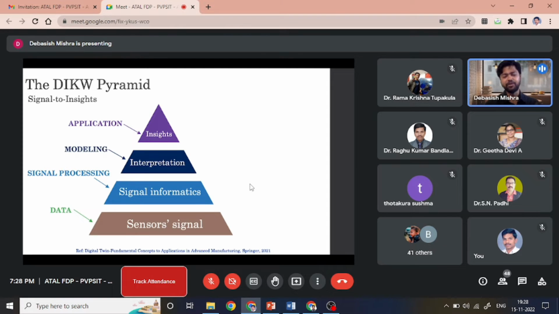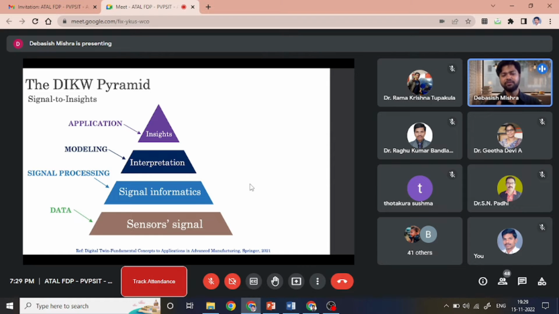For data, we need several sensors, the IoT devices that are connected or installed in the manufacturing system. Once we have this data, we need to operate on it to derive the signal informatics. This informatics would make sense because we always have to take a downward approach and connect to the data that we are capturing.